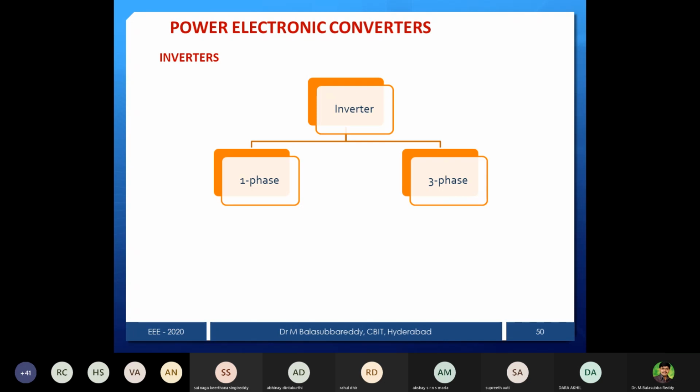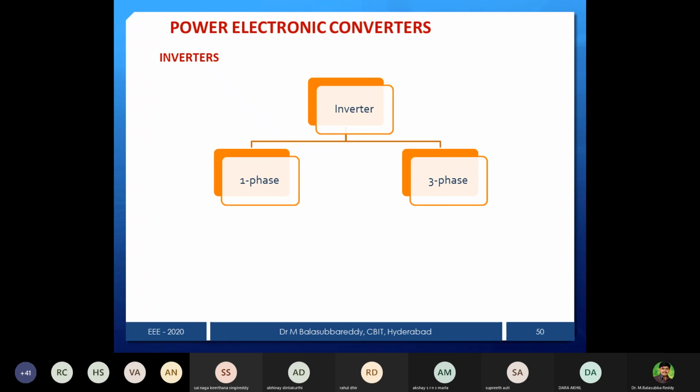If the input is AC, we use a rectifier. Here the input is DC. On the inverter output side, if you want a small output, you can use a single phase inverter, or if the load is high, a high range of load, you can use a three phase inverter.